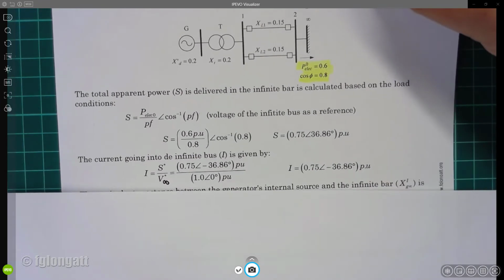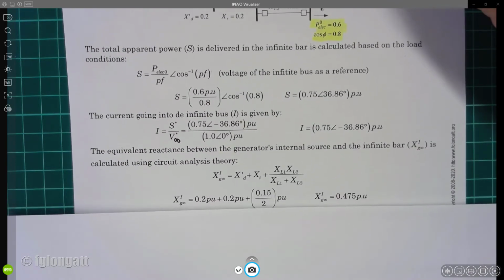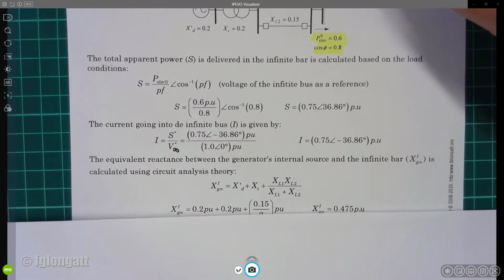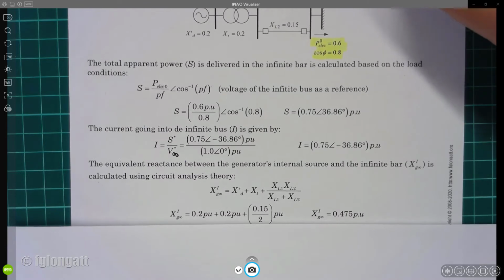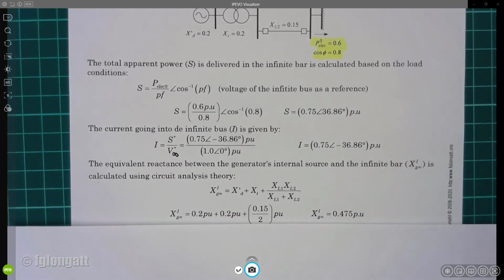What is the next step? The next step is quite interesting, because now we need to calculate the impedance defining the power flow between the generator and the infinite bus bar.